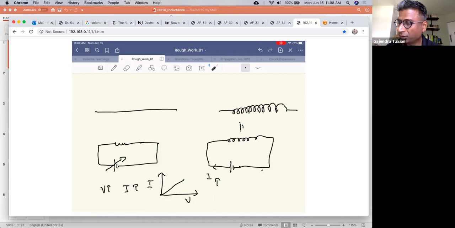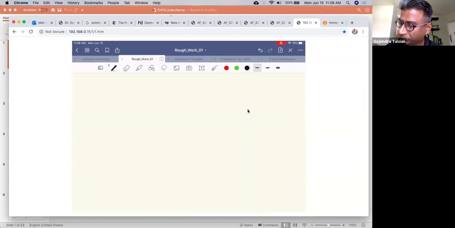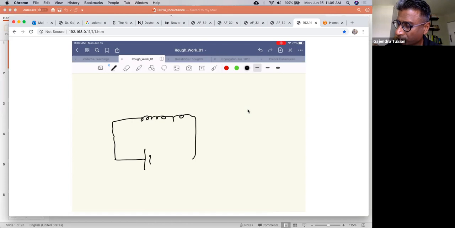And conversely, if you try to decrease the current, the voltage would be in the other direction. So for instance, here was the current, and if you tried to decrease the current, it would induce a voltage in the opposite direction like that. So think about that a second.